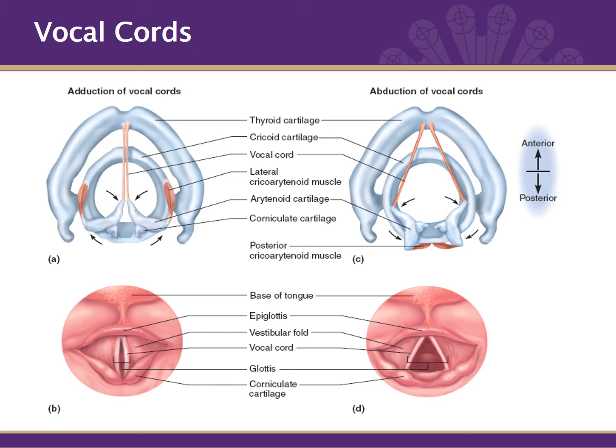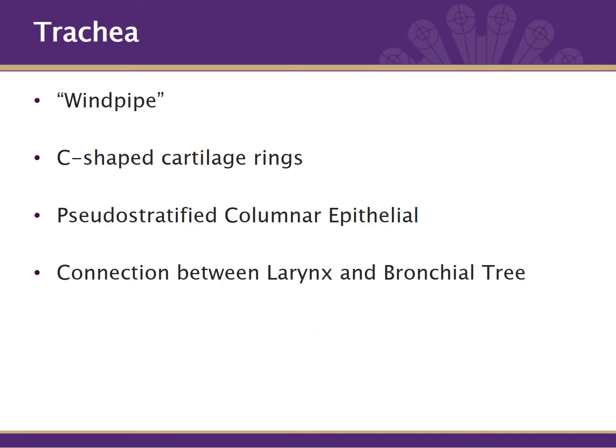Also associated with the vocal cords are the vestibular folds. The vestibular folds do not actually contribute to the production of sound, but close off the larynx when we are swallowing. The trachea is a rigid tube supported by C-shaped rings of cartilage and commonly referred to as your windpipe.